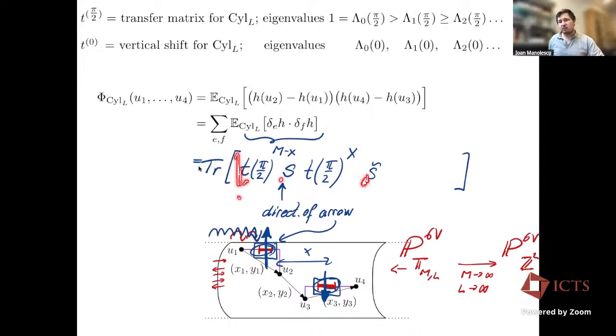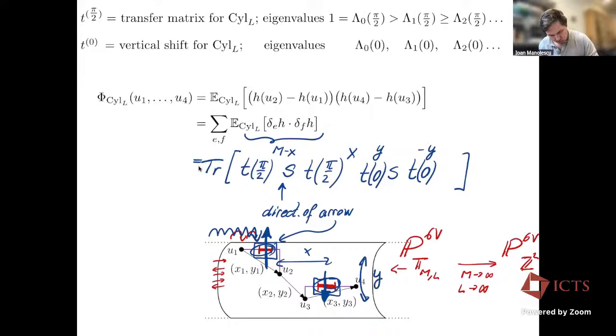And S tilde can be anything, basically, because it can be any shift of S. So in order to limit the number of matrices that you work with, you can say that S tilde is nothing else than S, but conjugated by a shift of the torus, a vertical shift of the torus, which I call T. I'm not sure where this thing is, but it's probably Y and minus Y, where Y is this distance here.